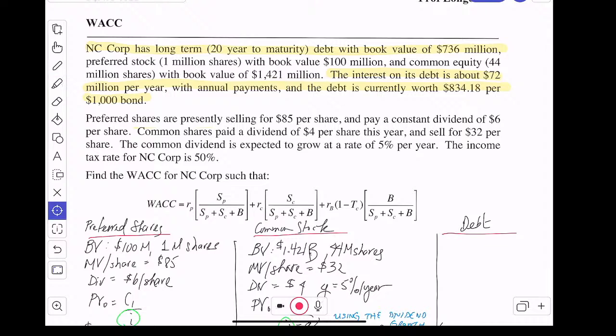So here's the information on the book value of debt, the interest paid on its debt, and the value of debt with the face value. And face value, as I mentioned, is usually $1,000, sometimes $5,000. But if it's not stated, you assume $1,000. All right.